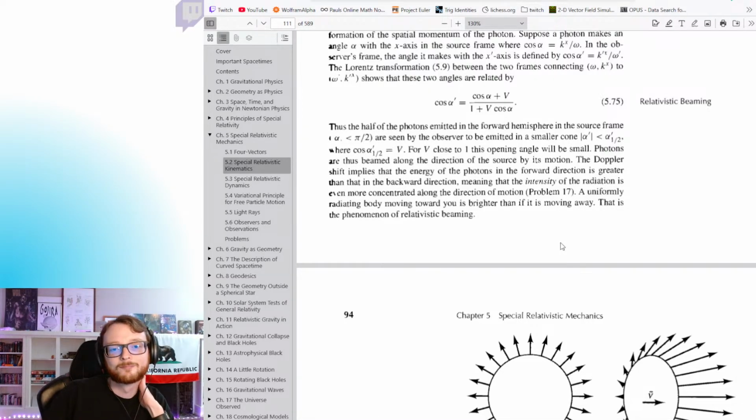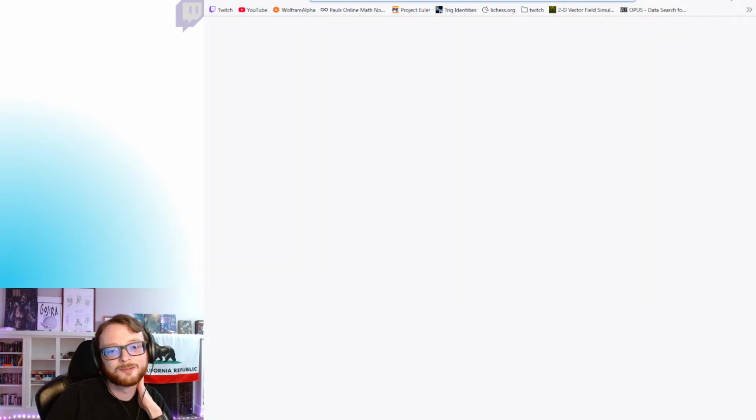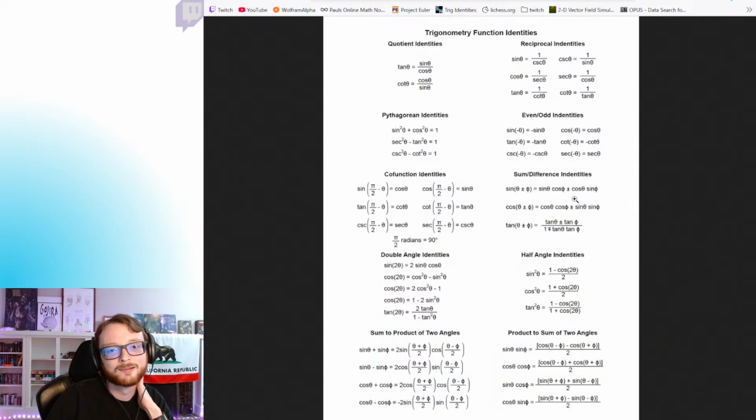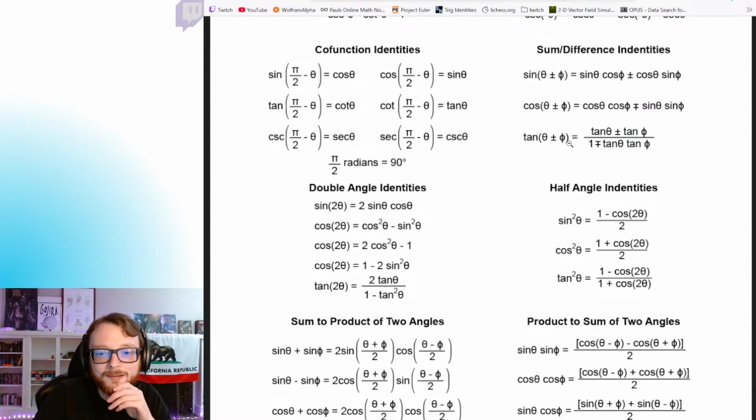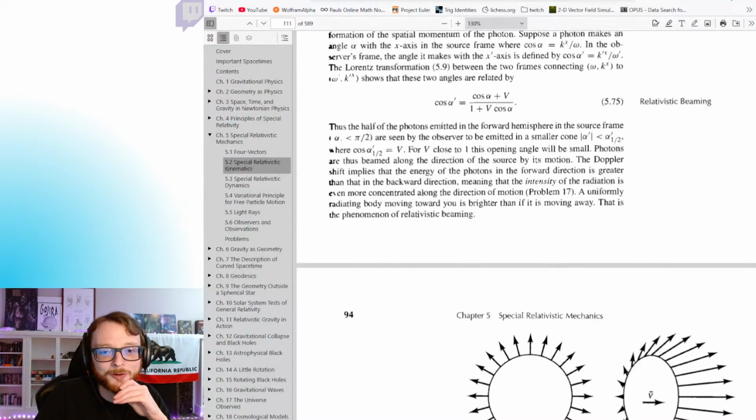Like tangent of a plus b, except one of them changed into a constant velocity. Maybe not, because there's a sign mistake too. There should be a negative there somewhere. I think it's more of a coincidence, but it's kind of interesting.